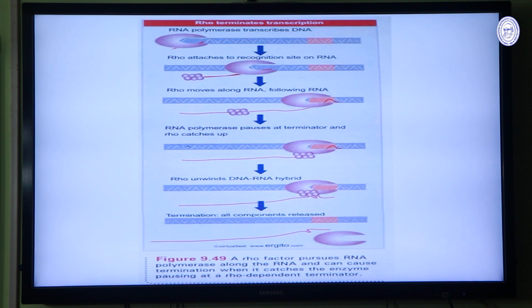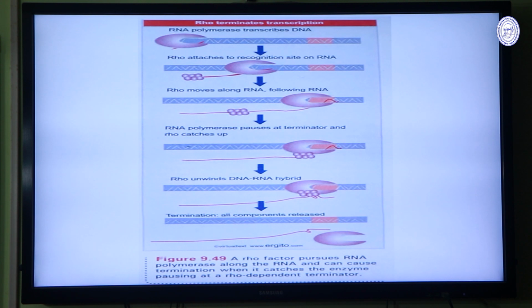So, we can see in the diagram that RNA polymerase transcribes the DNA. When it is almost reaching the terminator sequences, you can see the Rho protein binds to the RNA, at a 70 base pair sequence upstream from the terminator sites. Rho moves along the RNA, following the RNA polymerase which has already paused at the terminator sequences, and Rho catches up at that time.